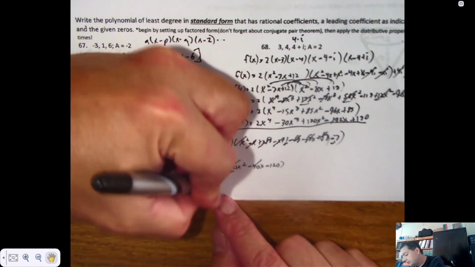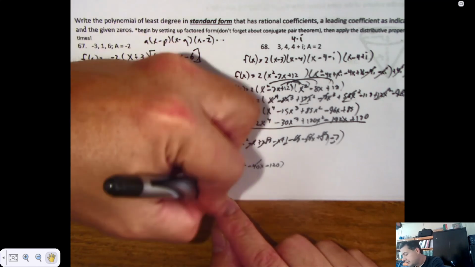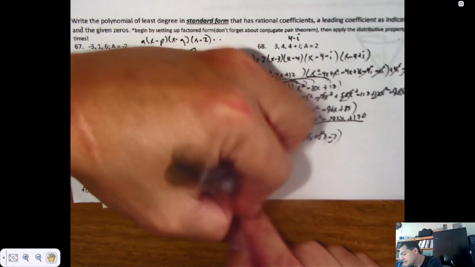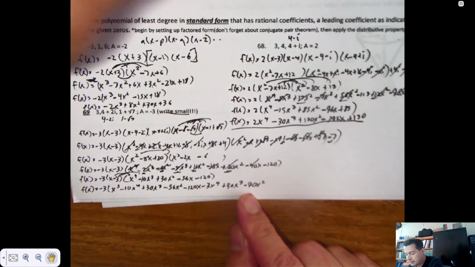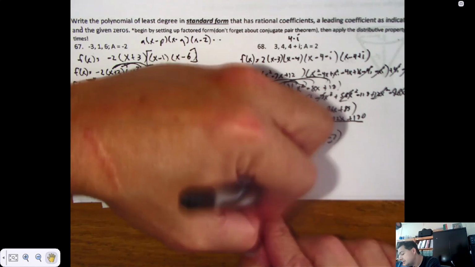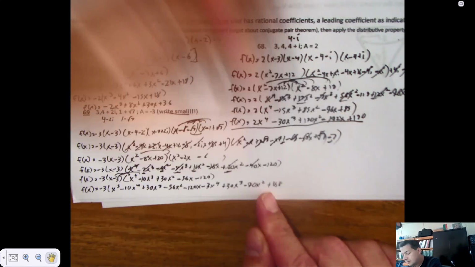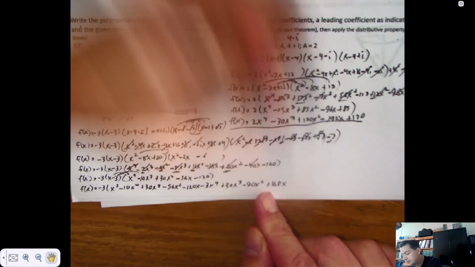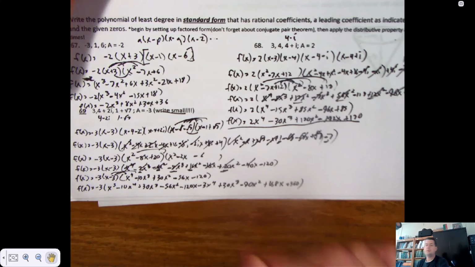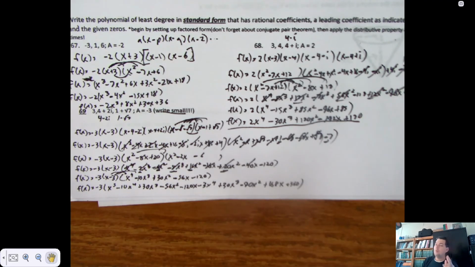Minus 3x to the 4th plus 30x cubed minus 90x squared plus 168x, and then plus 360. Whew. Clean up, and then one more step.